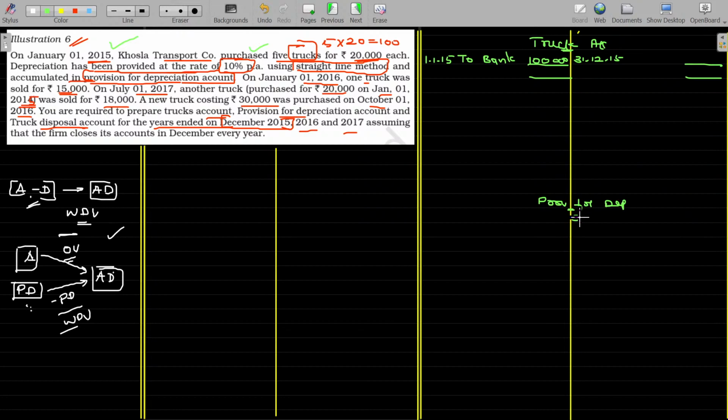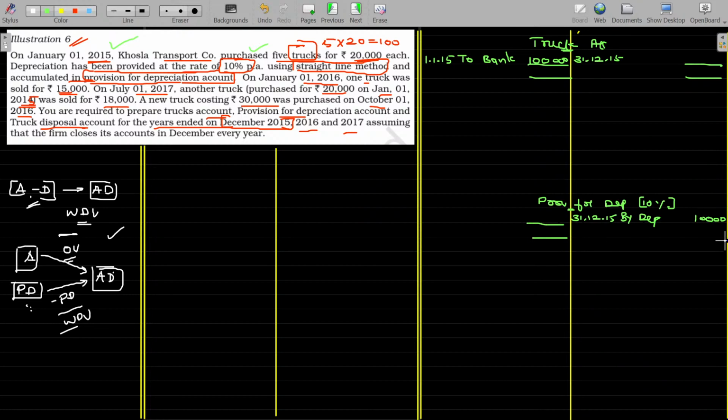On 31/12/15, the depreciation is 10% on the original cost. All 5 trucks were purchased on day one itself, so they are eligible for 1 year's depreciation, 10,000. Is that clear?